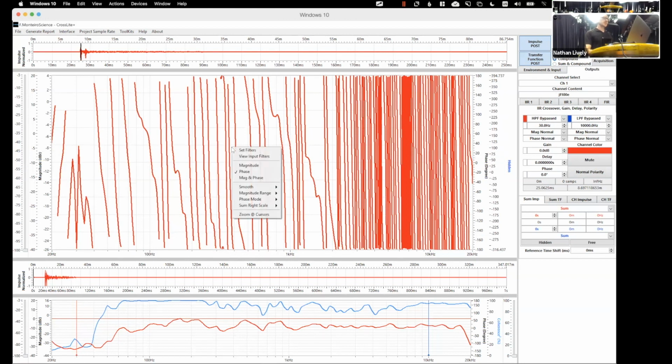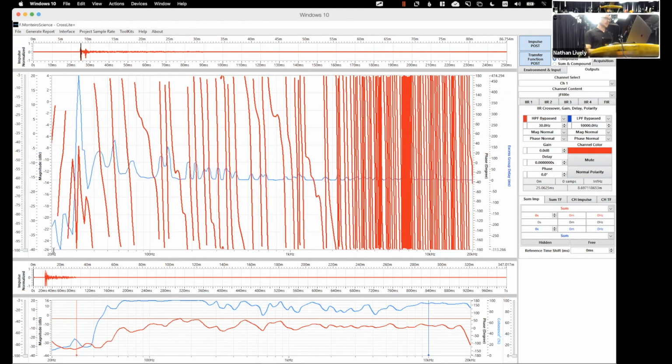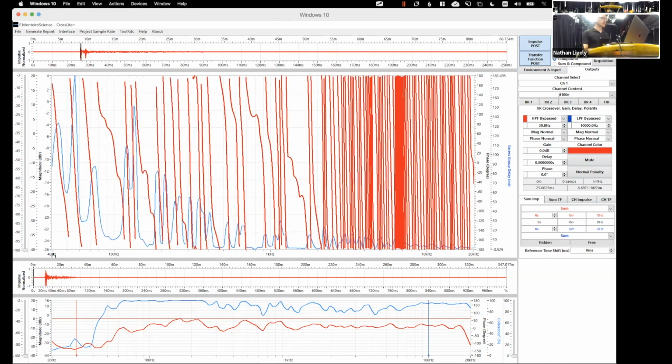Here's something interesting that you can do in REW and Crosslight and other audio analyzers. When you look at excess group delay, and we scale this up a little, let's go up past the noise, let's go to 40 hertz.